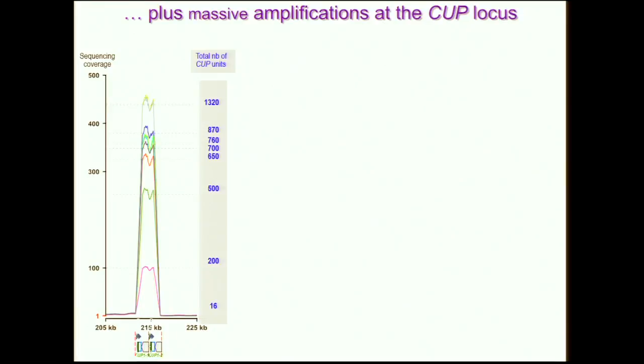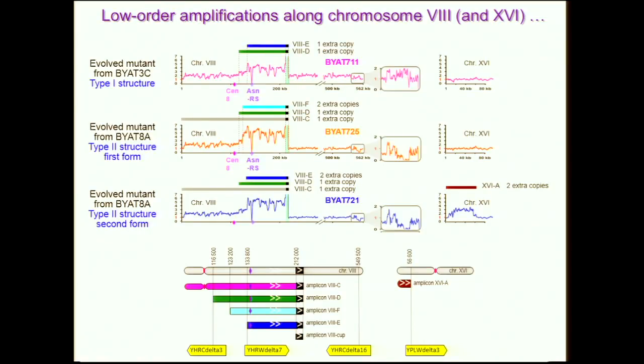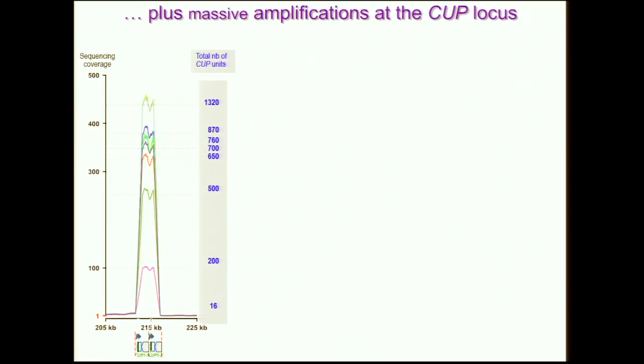We measured the number of copies again by sequencing. Normal number is 16, okay? And in the mutants we have 200, 500, up to 1300 copies of CUP1 amplification.